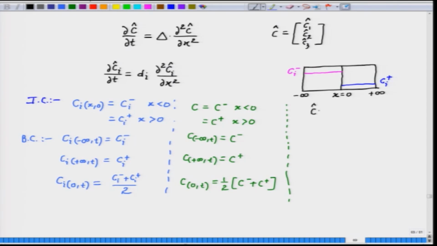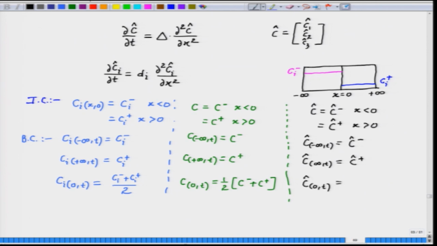Then we can write C cap is equal to C cap minus for x less than 0, and equal to C cap plus for x greater than 0; C cap at minus infinity, t would be C cap minus; C cap at plus infinity, t would be C cap plus; and C cap at 0, t would be half C cap minus plus C cap plus.